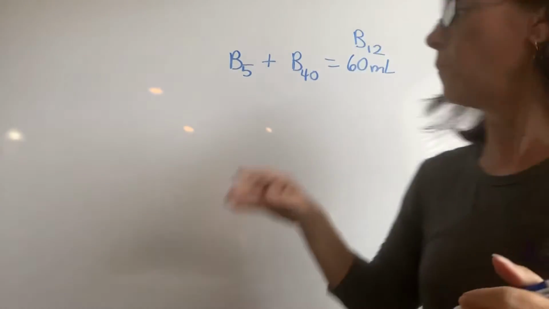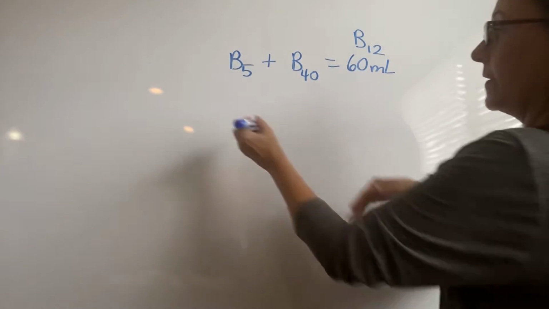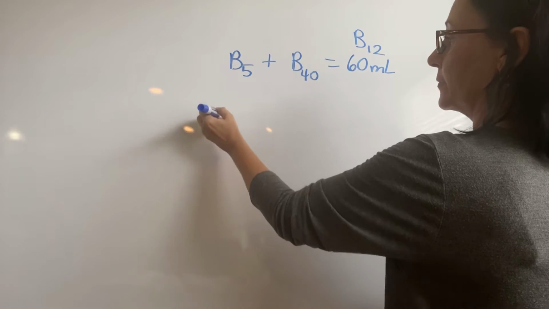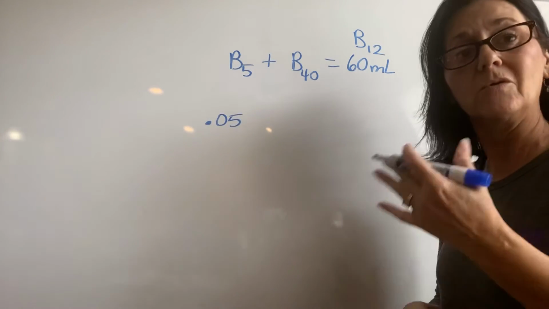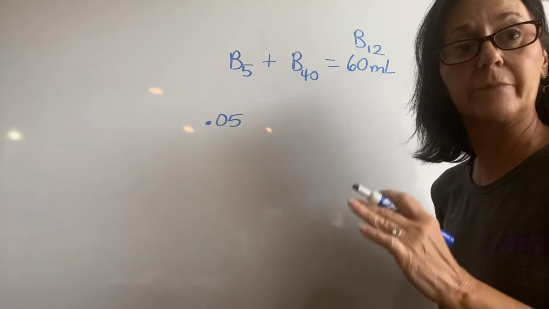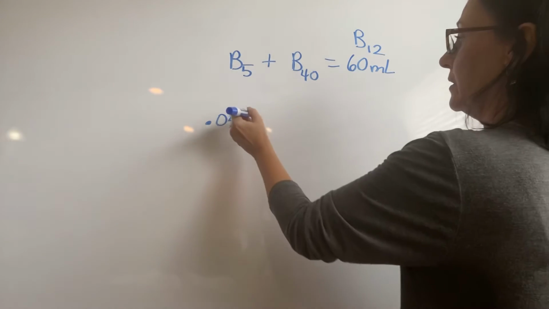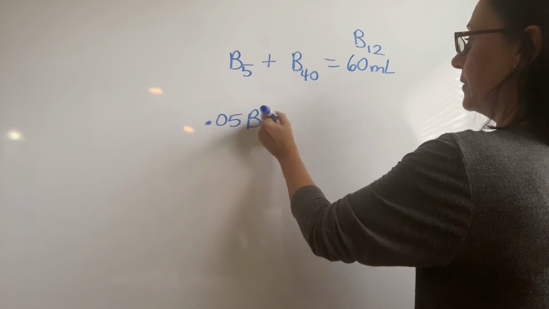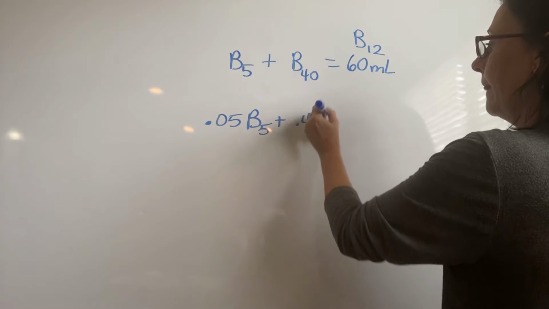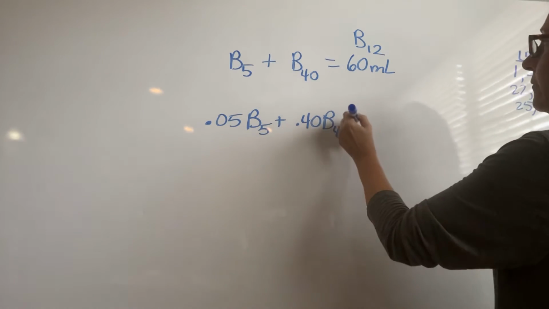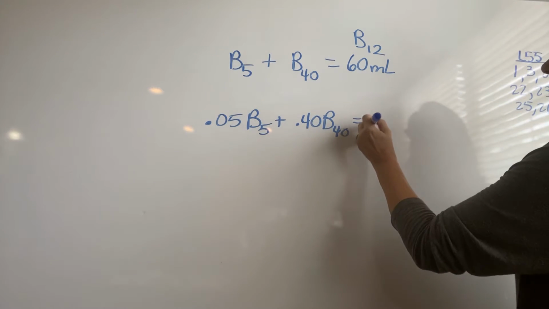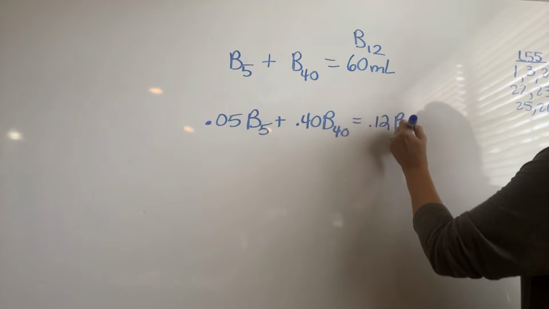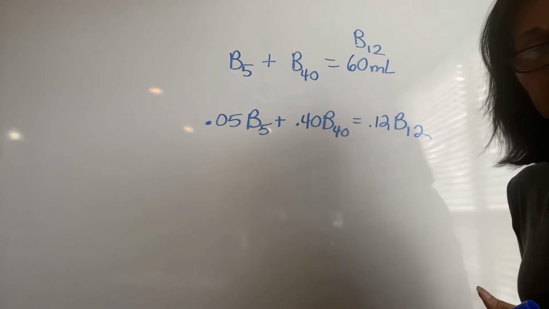So you always have that 1, and then you always have where you multiply the percent. You have to move the decimal 2 to the left to convert that percent to a decimal, times bromide 5, plus 0.40 times how much bromide 40 we have, plus 0.12 times how much bromide 12 we end up wanting.